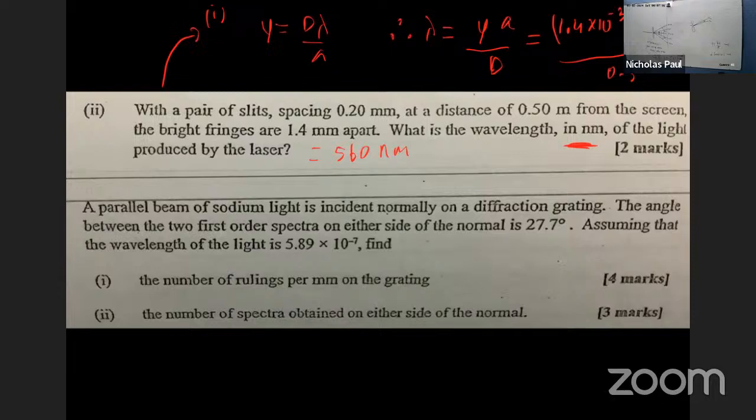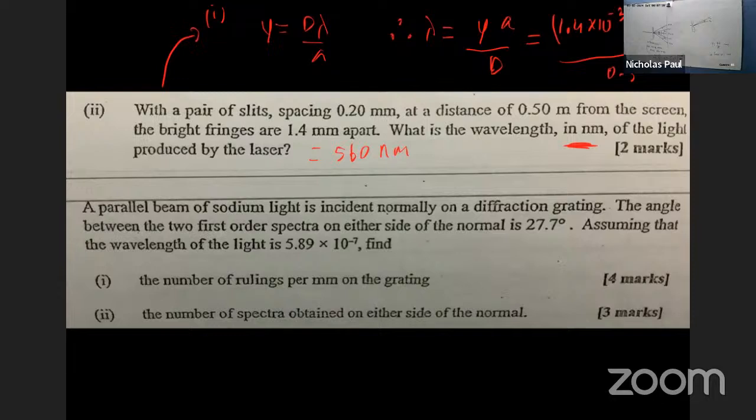Anybody else get 560? Nanometers there, so it's 560 by 10 to the minus 9. Why can't we put it in the first place? Because we work in meters, all the quantities in meters.